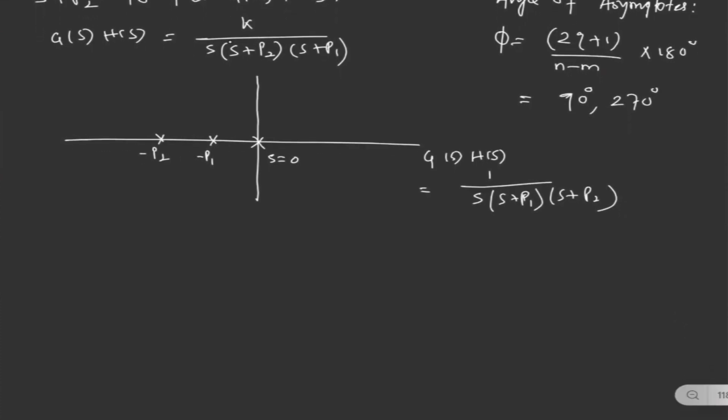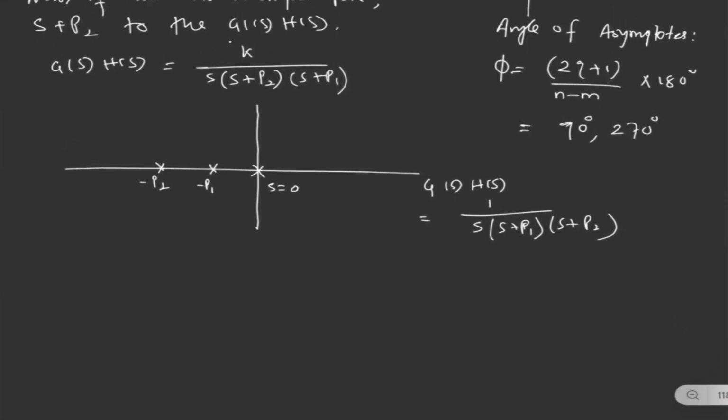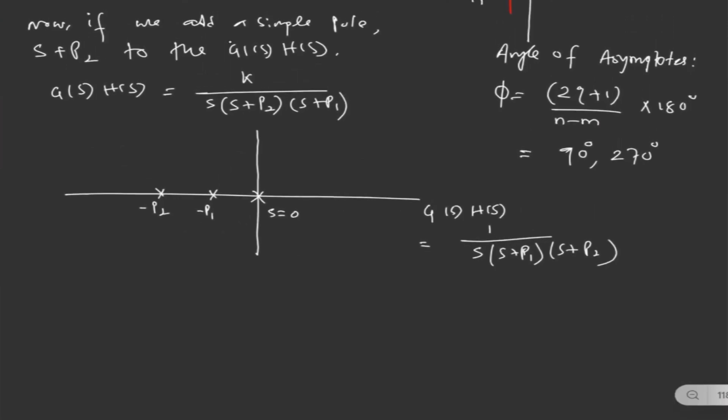And if you notice here, the angle of asymptote will change. In this case there will be three angles, which you can calculate easily.